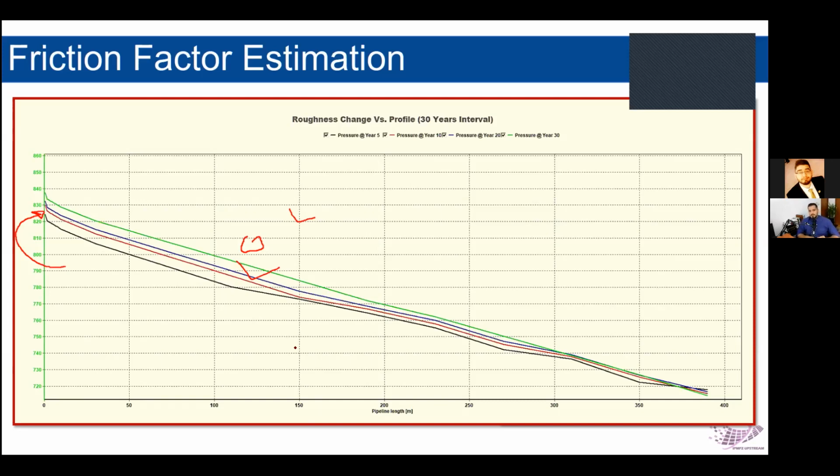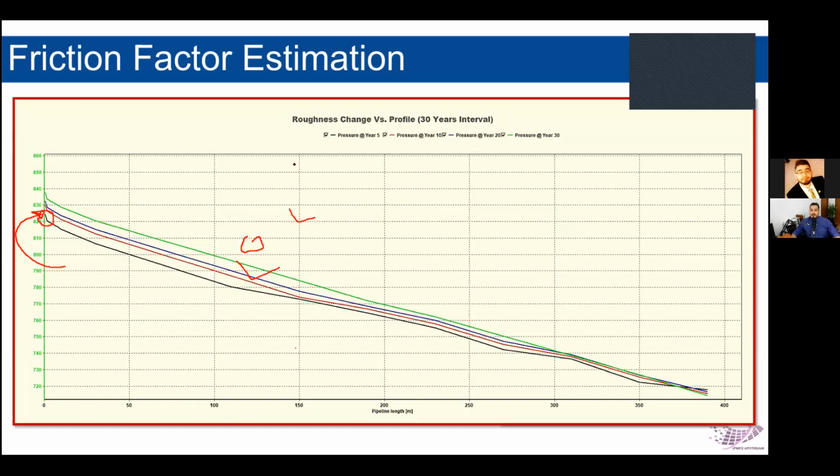So what you need to do is collect operational data over time, and then match it with the new friction factors. What I have identified at minimum is 4 types of friction factor happening inside the pipe, and this friction factor changes every 5 or 10 years or so. You can see on year 5, which is the black line, the operating condition on the inlet was 820 PSI.